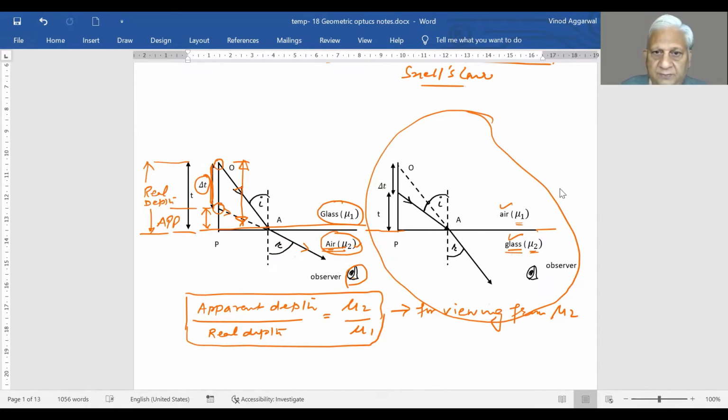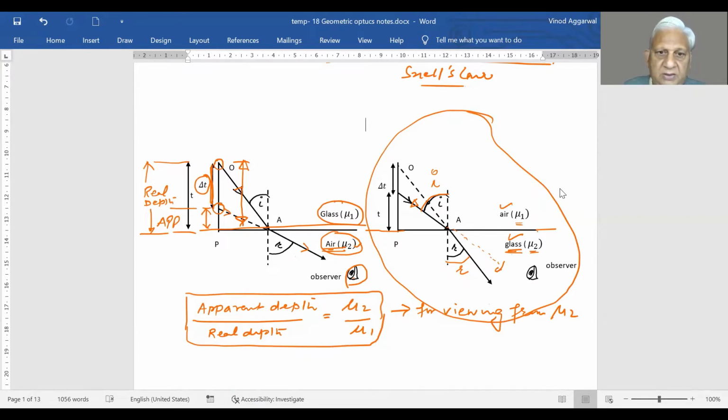Now what happens is, a ray of light which starts from the rarer medium would have gone like this, but because it encounters a denser media, it bends towards normal. So this is our angle of incidence, and this is our angle of refraction.